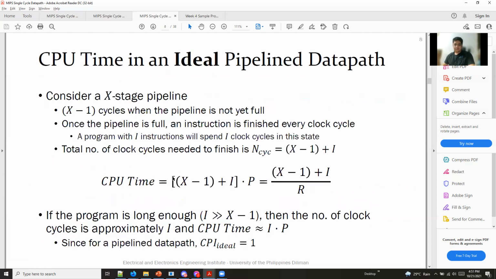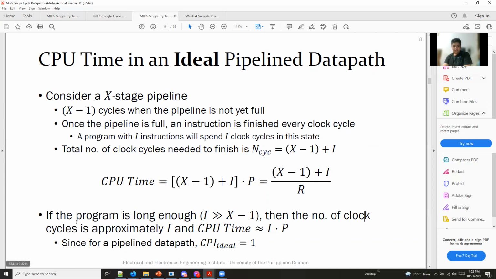So to compute for the CPU time, for an X stage na pipeline, meron X minus 1 cycles para doon mapuno yung pipeline plus yung actual number of instructions. And then if gusto mong makompute yung CPU time, ito yung number of cycles times yung period or divided by the rate ng CPU.